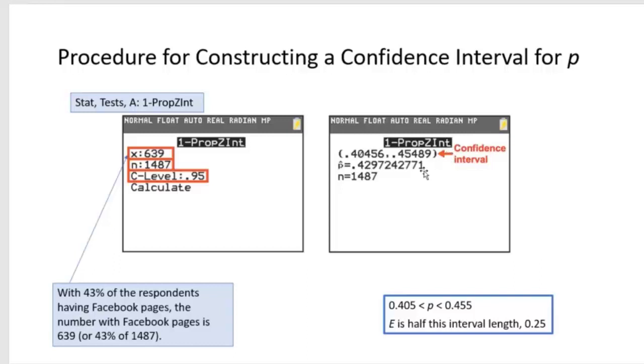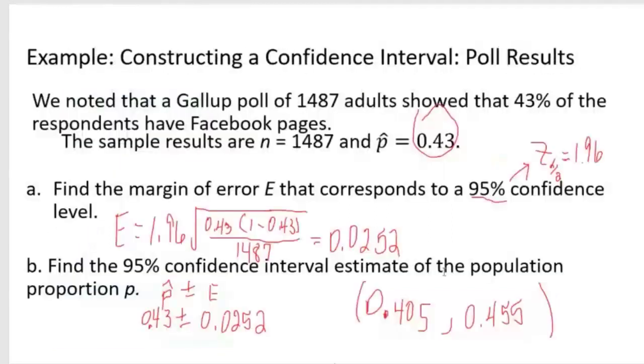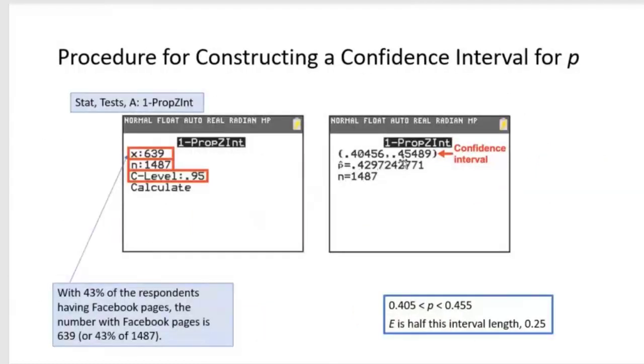Now let's go back and compare that to what we had earlier, 0.40456. 0.40, and see, I've rounded it, but that 4045 is what rounded right here. Now my other end was 0.455. So let's look at this one.